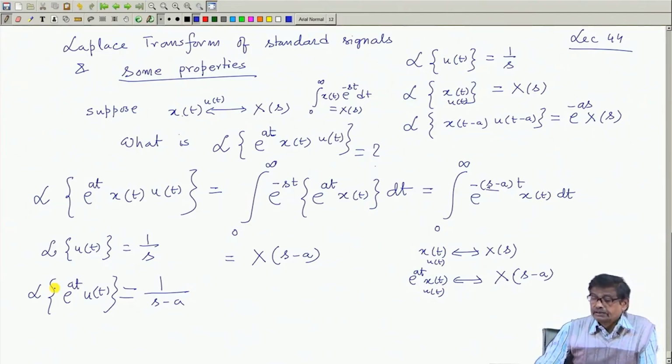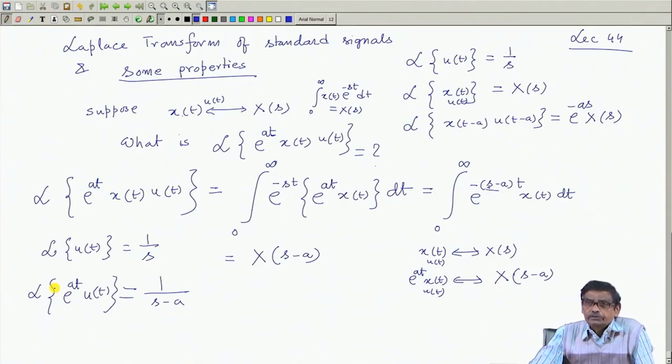We have seen that for a given function whose Laplace transform is known, if it is time shifted, how to calculate the Laplace transform. If there is a given causal function whose Laplace transform is known, and it is multiplied with e to the power a t, then what will be its Laplace transform? That also we have calculated.